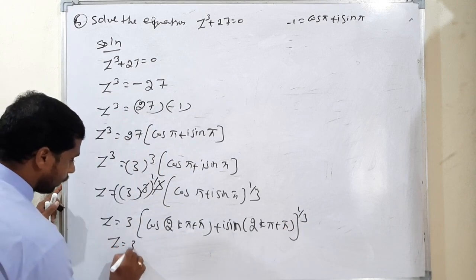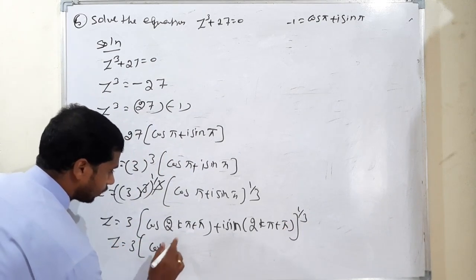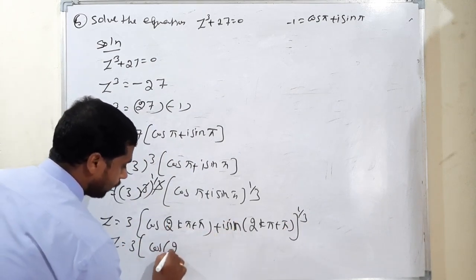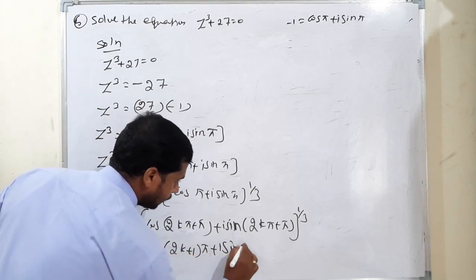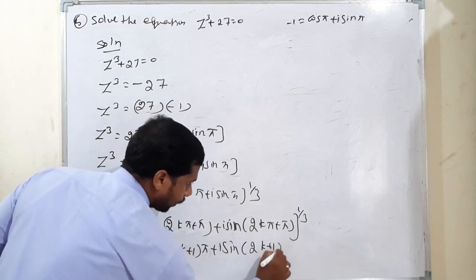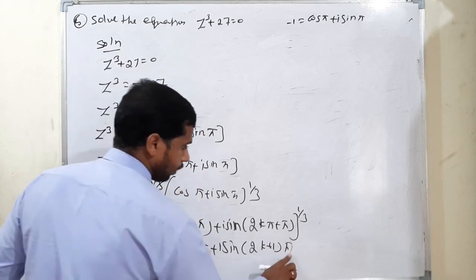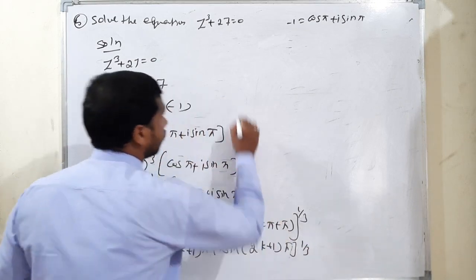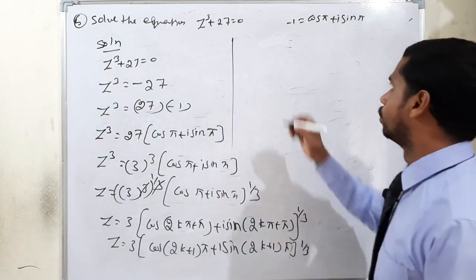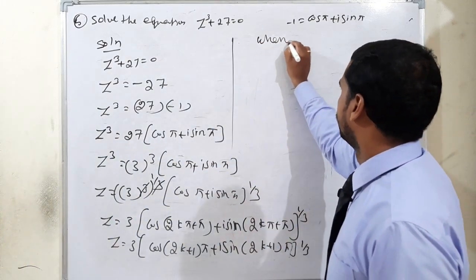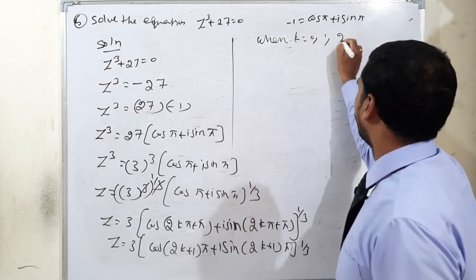So again z is equal to 3 into (cos, taking pi common outside, 2k plus 1 into pi, plus i sin 2k plus 1 into pi), the whole power of 1 by 3. So k is equal to 0, 1 and 2.